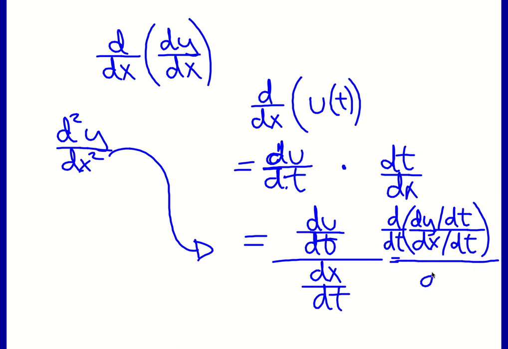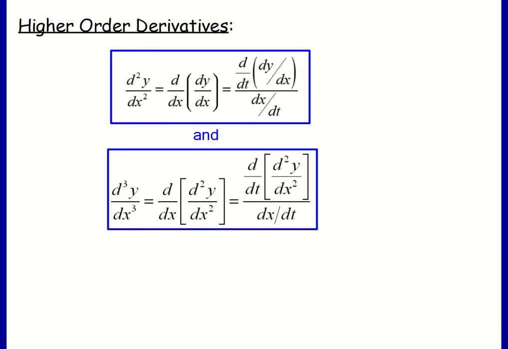And then I'm going to divide by another dx/dt. If you didn't get that conceptually, sorry, that's probably my poor explanation of it. It's okay. You can just memorize the formula. So here's the formula. The second derivative is the derivative of your first derivative with respect to t, and then just remember, you have to divide by another dx/dt at the bottom.